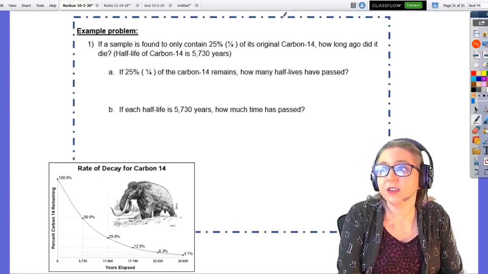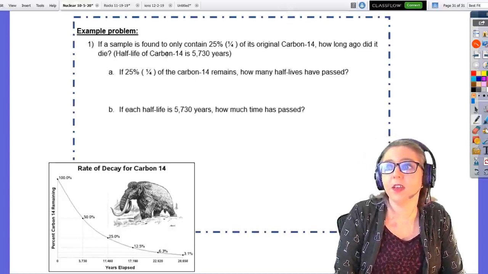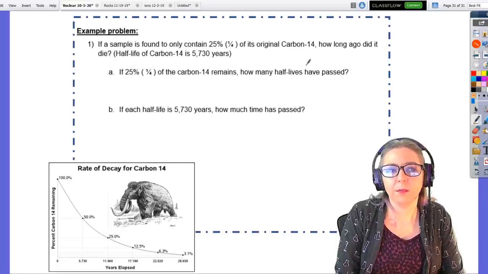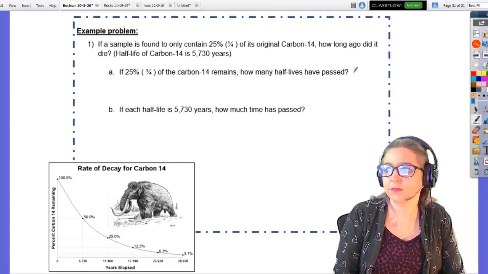To solve this, we need to solve A and then B. A says, if 25% of the carbon-14 remains, how many half-lives have passed? Notice, this is just like how we did it last lesson. We always solve for the number of half-lives first.